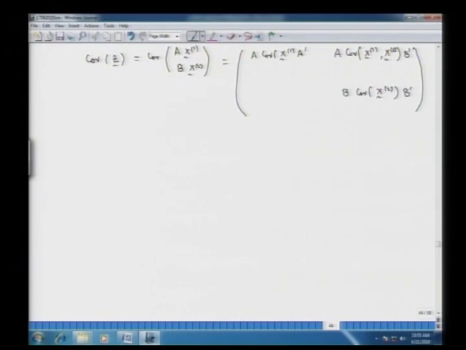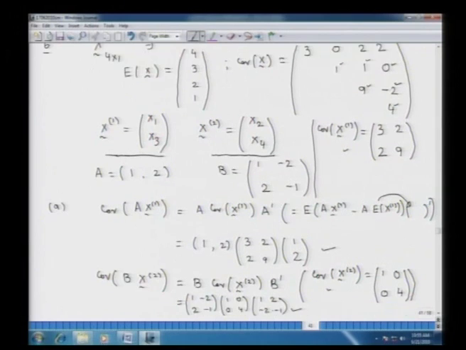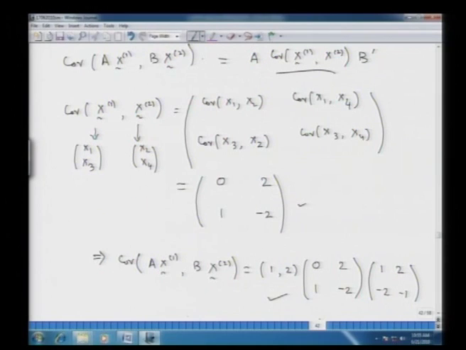Now we have already computed the constituent elements. The covariance of Ax1, which is A, covariance matrix of x1, A transpose, was given here. We had also obtained the covariance matrix of Bx2, which was this particular element here, and furthermore we had the covariance between the Ax1 component and Bx2 component given by this.